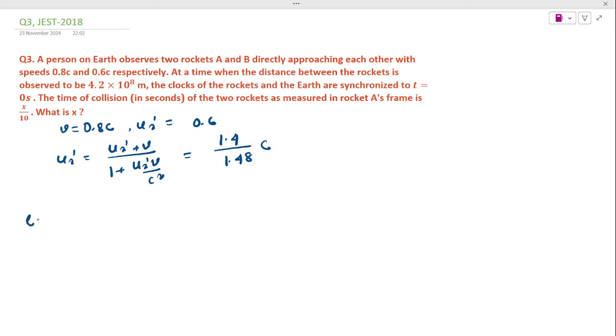After that, we use the length contraction formula, L equal to L naught root over 1 minus v square by c square, with L naught equal to 4.2 times 10 to the power 8.